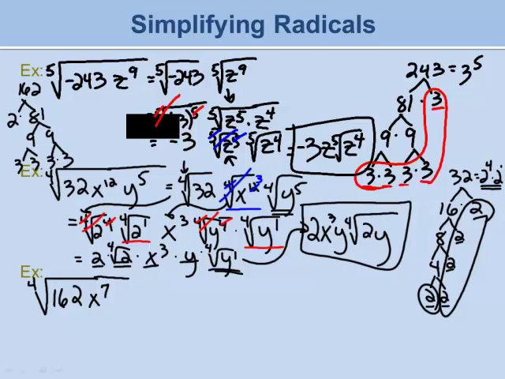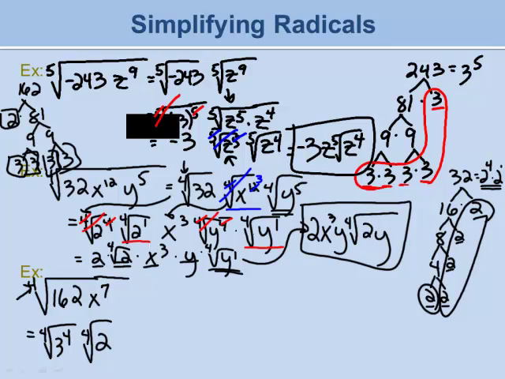So 162 is 2 times 3 times 3 times 3 times 3. Now we're interested in matching this index. So we're going to group those 3's together, and we're going to rewrite 162 as the 4th root of 3 to the 4th times the 4th root of that 2 that's left over.